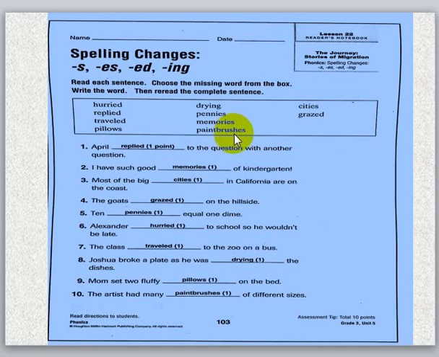When a word ends in SH, CH, X, O or SS, when we want to change it into plural, we put ES.